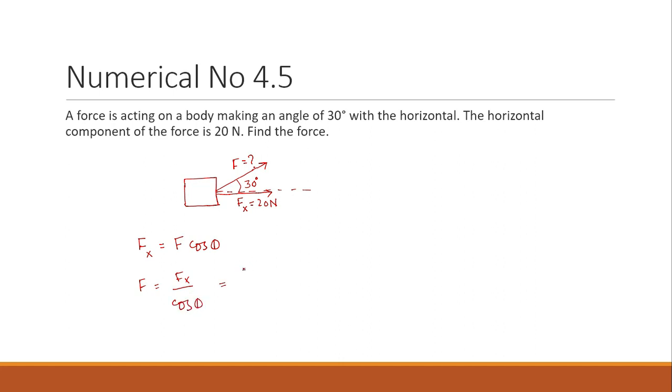By putting the values, Fx is equal to 20 Newton, divided by cosine 30, is equal to 23.09 Newton, which is rounded to 23.1 Newton. This is the resultant force which is acting on the body.